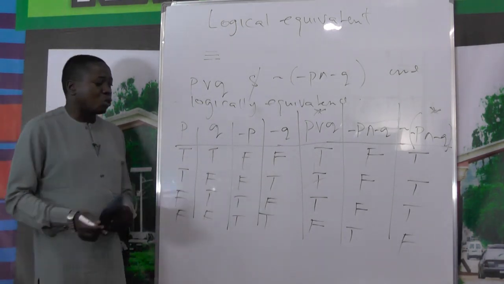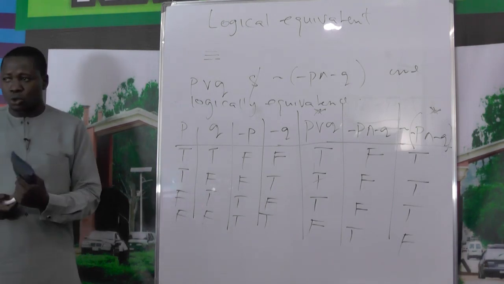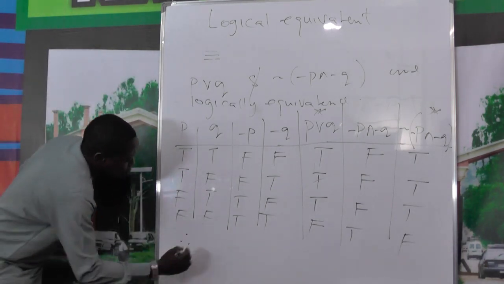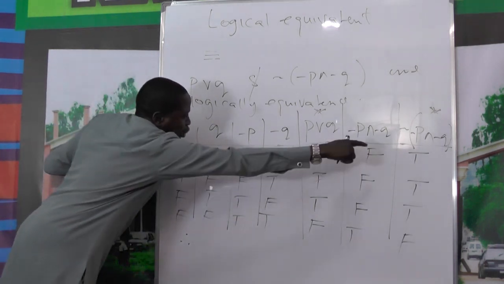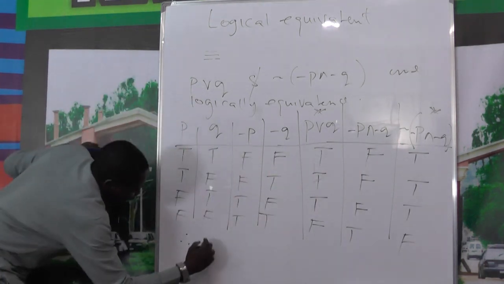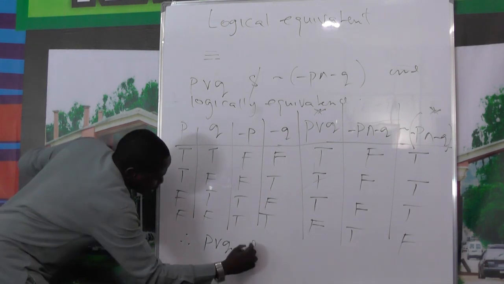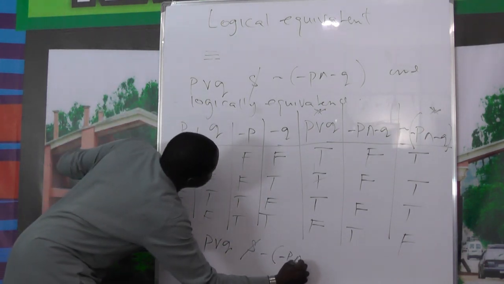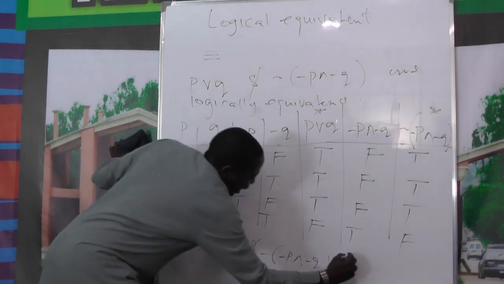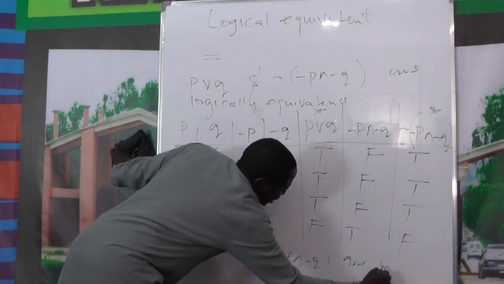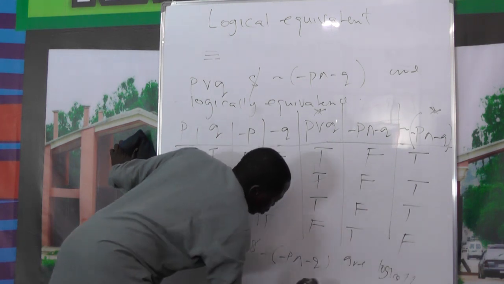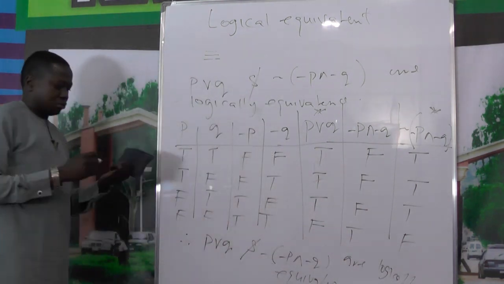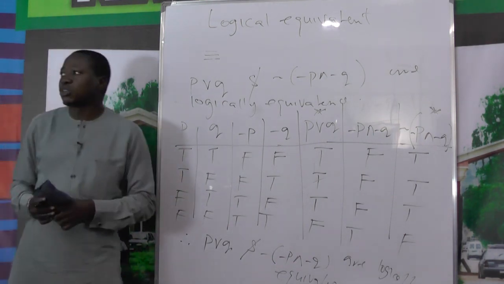So that is what we are asked to check. So now your conclusion will be, since this one and this one are the same, you conclude that P or Q and minus P and minus Q are logically equivalent. That's your conclusion.